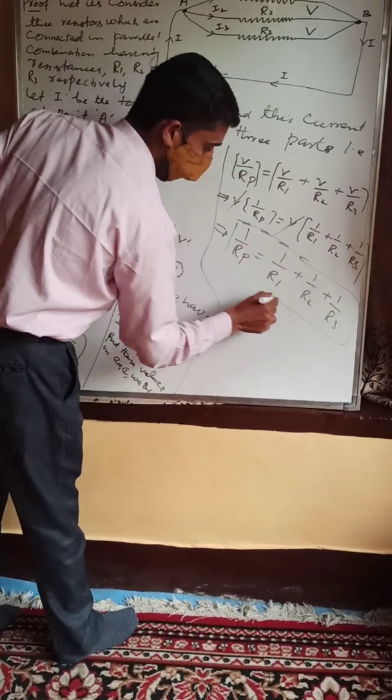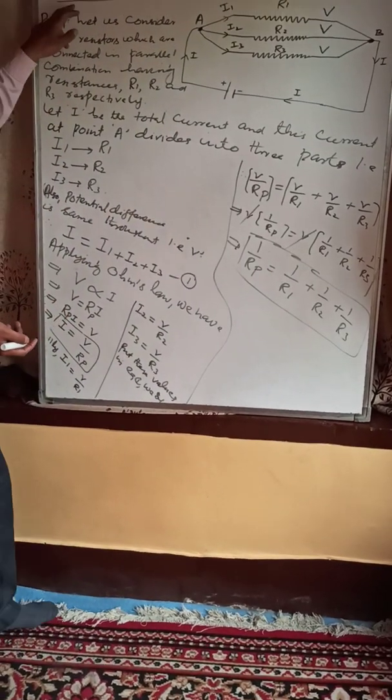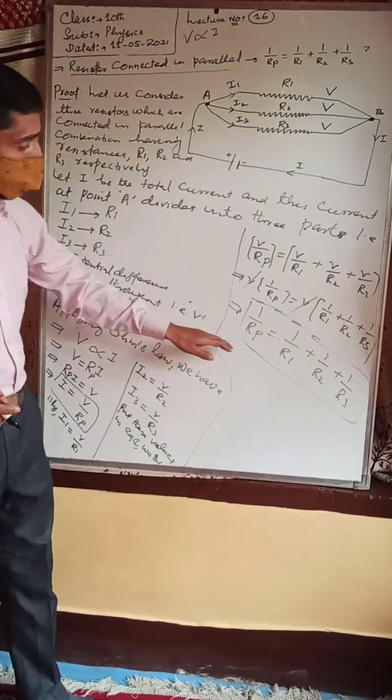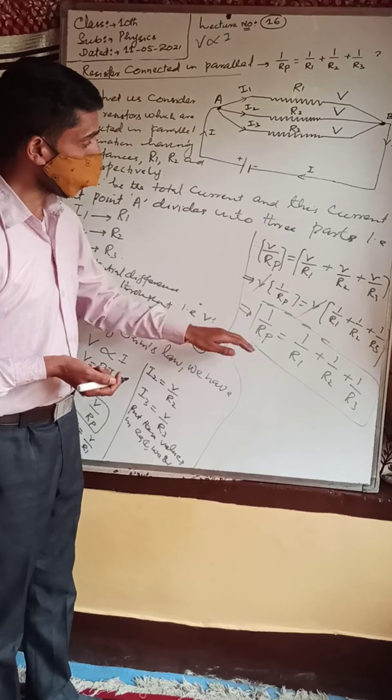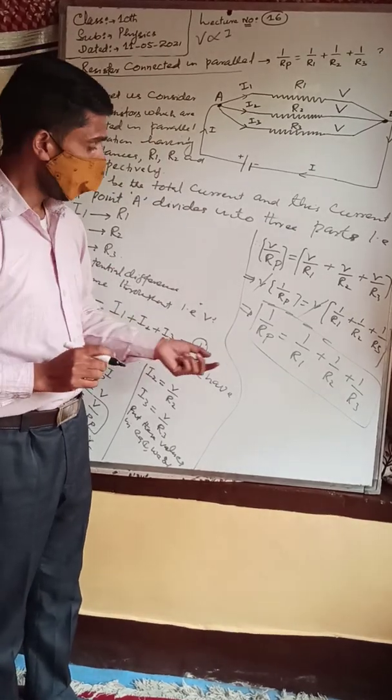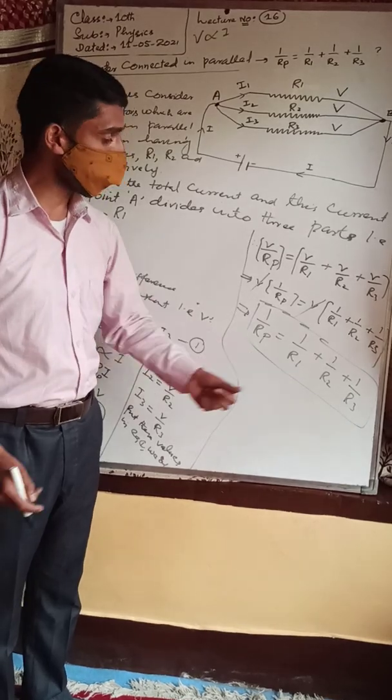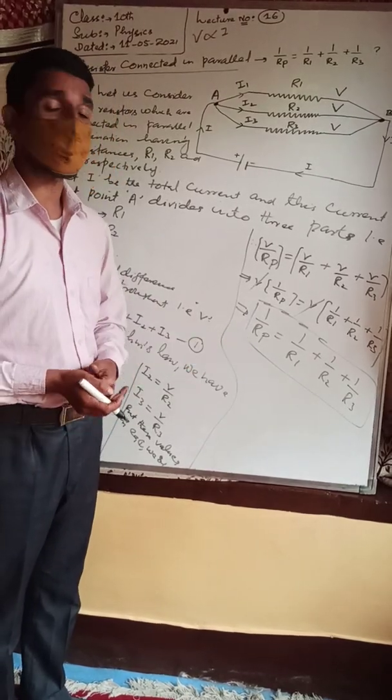If you are asked to find the derivation or expression of resistors connected in parallel, it should be equal to this. In this way, we obtained the required expression of resistors connected in parallel. If anybody asks what it means, it means that when resistors are connected in parallel, the total resistance gets decreased.